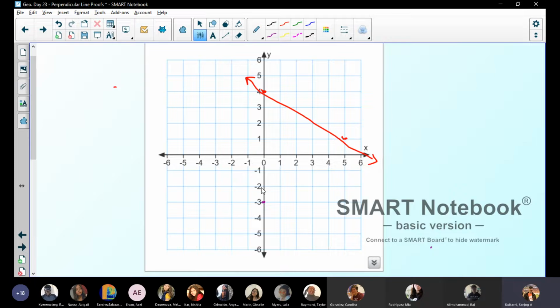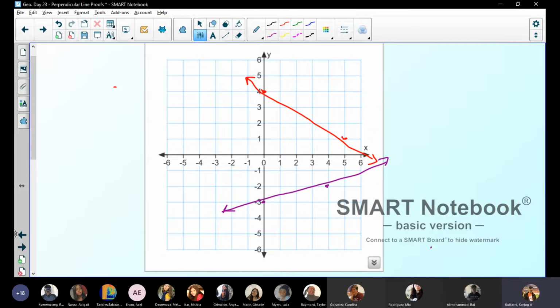So go 1 in the positive y direction, that is this way, and 4 in the positive x direction in this way. 1, 2, 3, 4. So we have these 2 points, and if I draw a line, I get the required equation plotted in this manner. We just need 2 points.